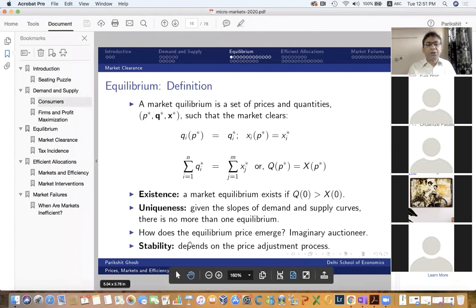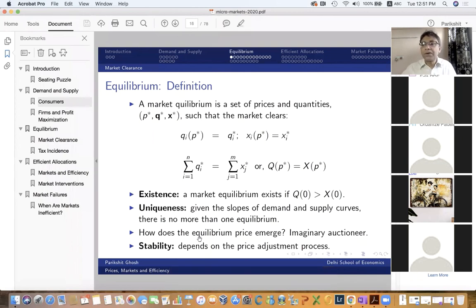There are two other issues. One issue is stability, and before that, the classical theory is almost based on some sort of fiction or parable. It does not tell us anything about the process through which the price comes about. If you look at something like stock markets, they often have an explicit price formation process.